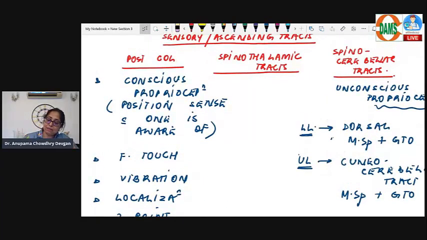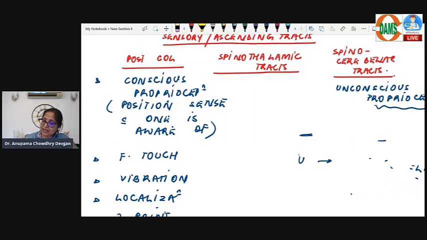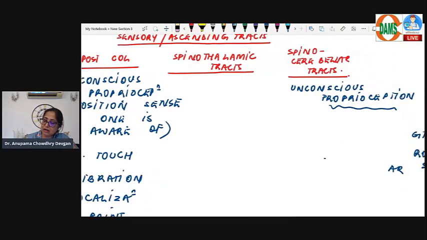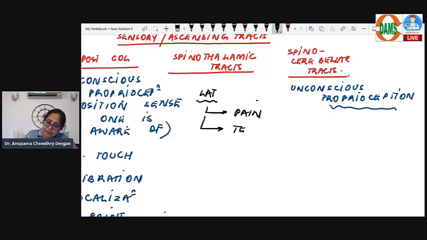Let's have a look at the spinothalamic tracts. Spinothalamic tract is divided into two: a lateral spinothalamic tract and an anterior spinothalamic tract. The lateral spinothalamic tract is meant for pain and temperature.